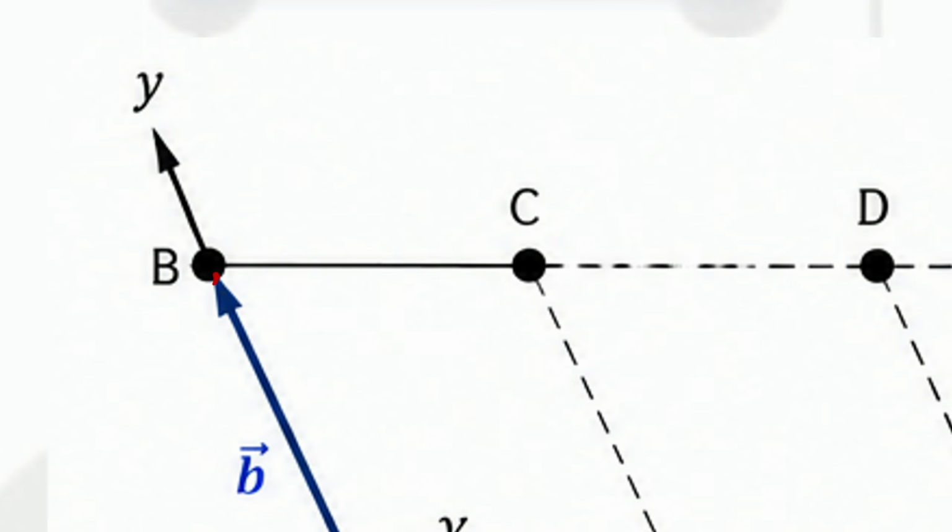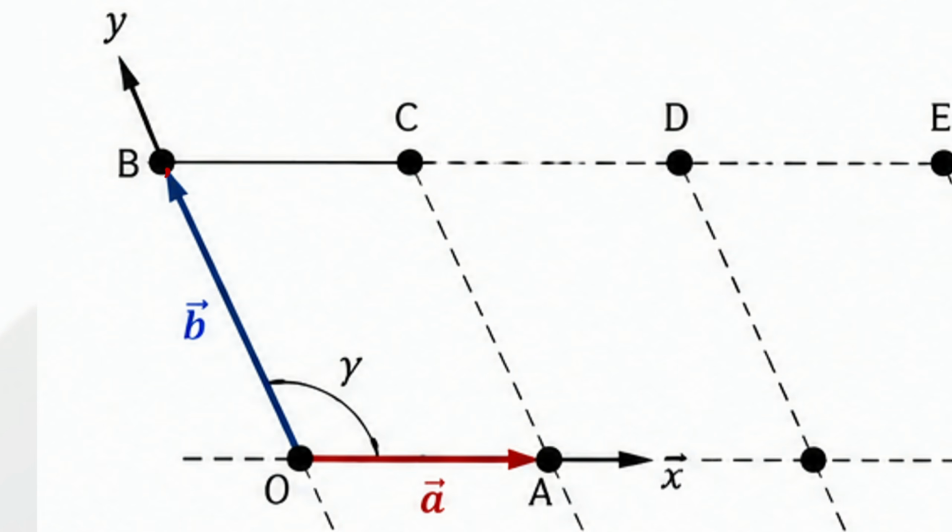What if I want to move now from point O to point C? You just have to move using these vectors.